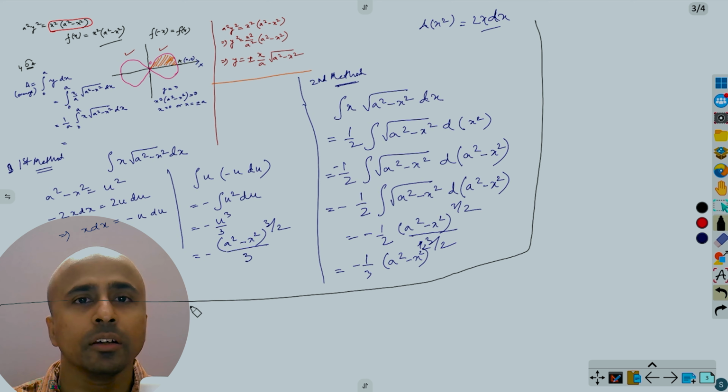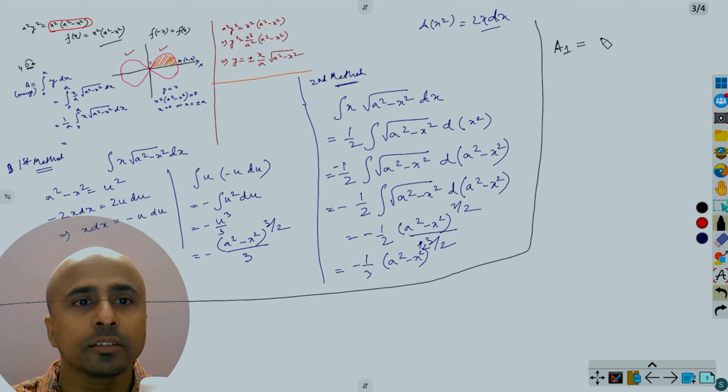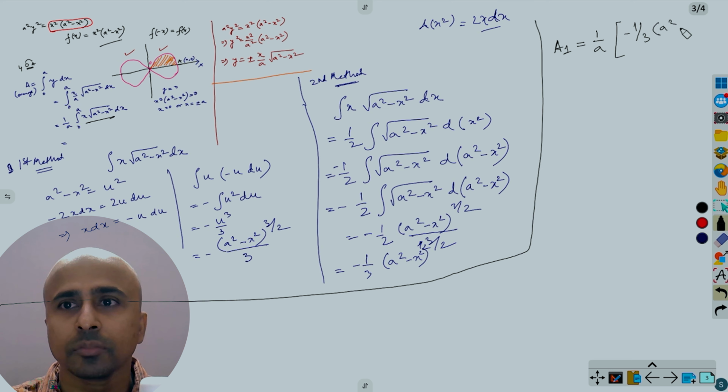So you obtain the area of the first quadrant. Let's write it as A1 as 1 by a. This is basically minus of 1/3. I will simply substitute the value of this whole integral by this, yes, a square minus x square to the power 3 by 2, and our lower limit is 0 and upper limit is a.